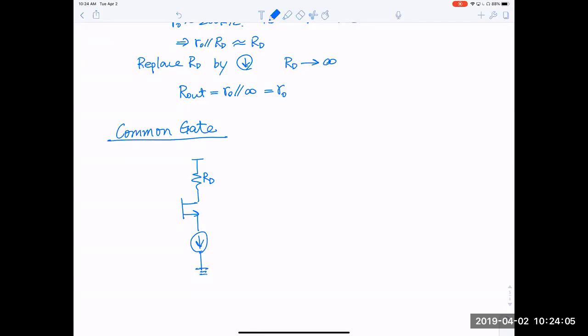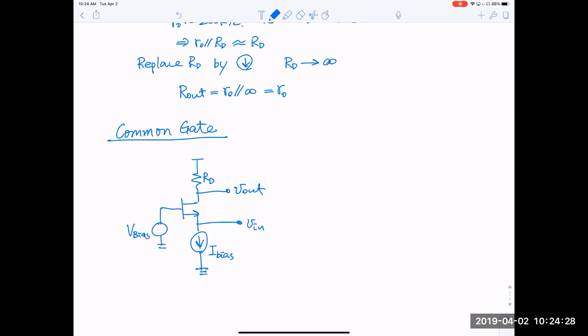So this is I bias, and we'll apply our input here, and we take our output from here. Normally we also have a voltage bias source here. You need some kind of V bias here.